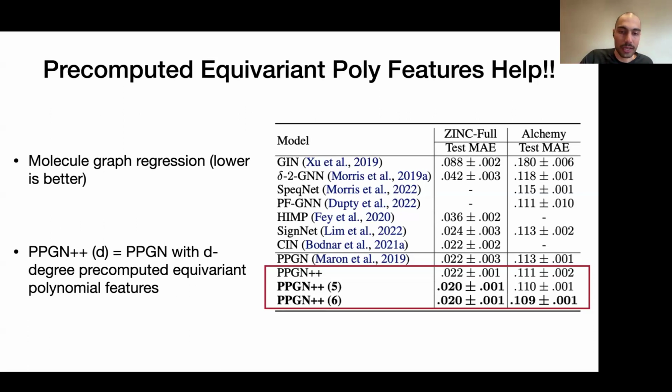So when you see PPGN plus parentheses 5, that means we calculated all the possible degree 5 invariant polynomials and appended them to the node features of the graph. What you'll find is this gave a little boost in the performance of the model. This is for ZINC, Full, and Alchemy, which I think are 2 molecule datasets that people use as a benchmark in GNN tests.